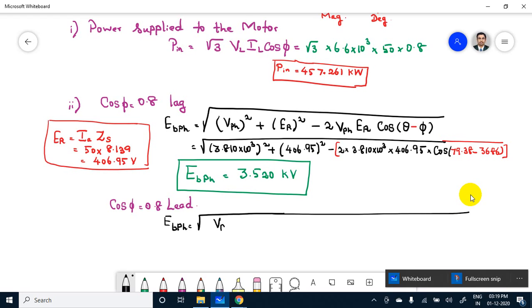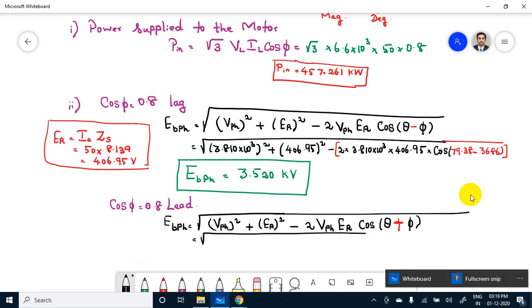So write V phase square plus ER square minus 2 into V phase ER cos of theta, and here I have to put plus phi.